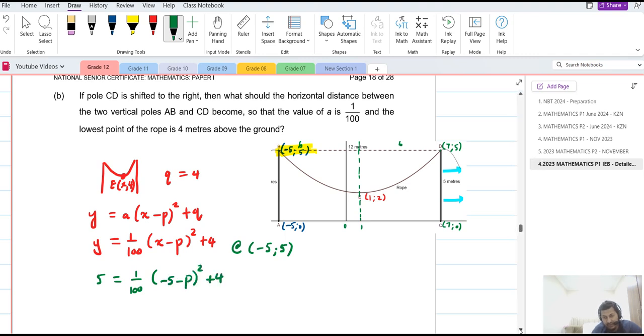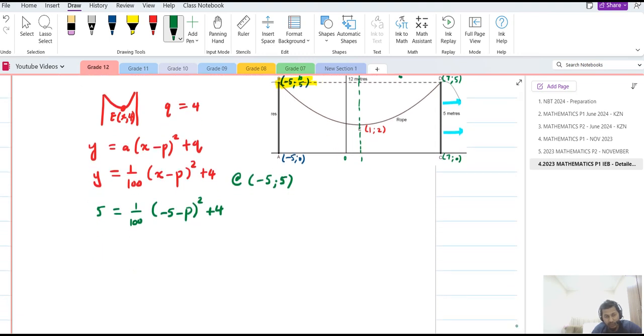Now remember, we can take the 4 over and multiply by 100. So we get 100 equals, we take the 4 over minus 1, so 1 times 100 is 100, and (minus 5 minus p) all squared. This implies (minus 5 minus p) all squared, you can write it as (p plus 5), because I'm taking out a negative and squaring it, is equal to 100.